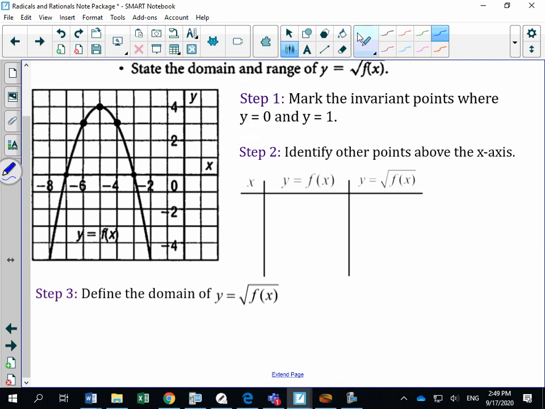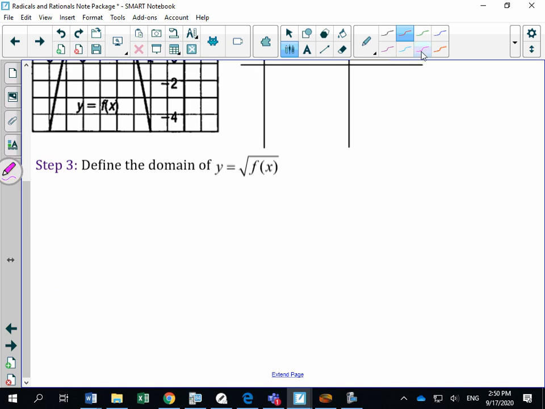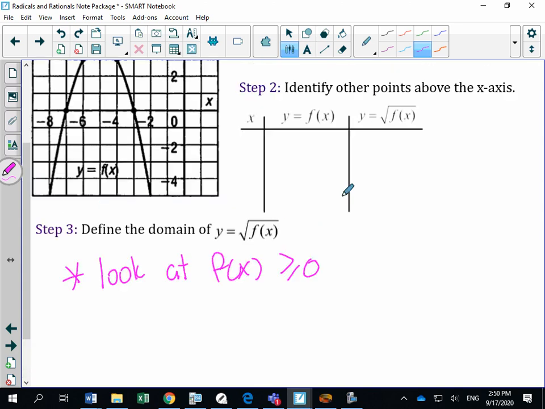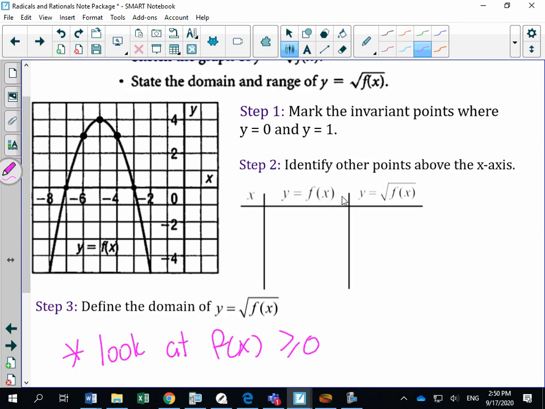So remember in the previous example, I said that when you're doing the domain of a radical, what we do is look at the original graph. So look at f of x. Where is that graph greater than 0? So if I go to my original graph, where are all my y values bigger than 0? I hope you see that this is where my y values on the graph are bigger than 0. Because remember, we can't take the square root of a negative y value. What you need to now do to figure out the domain of your radical graph is you just have to tell me what the domain of this piece is.